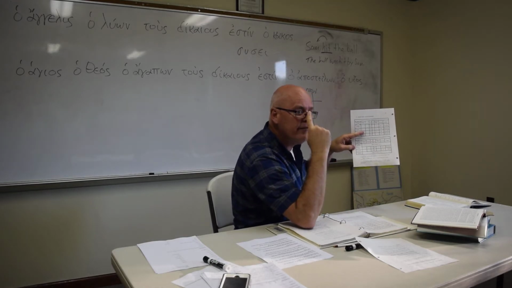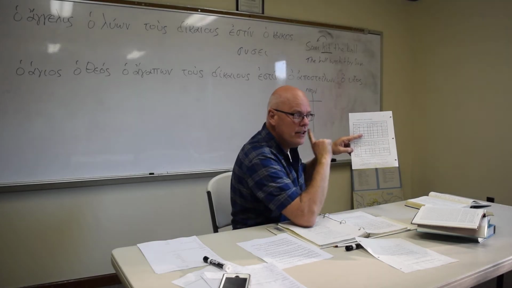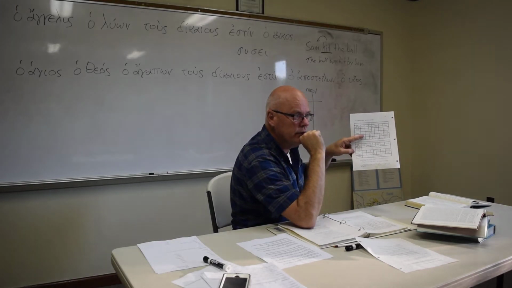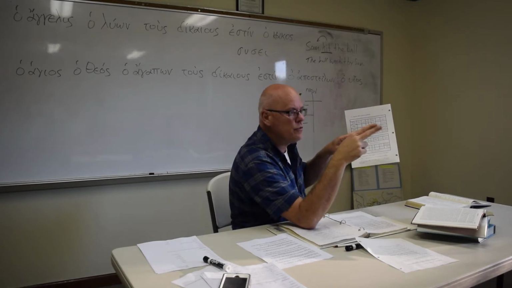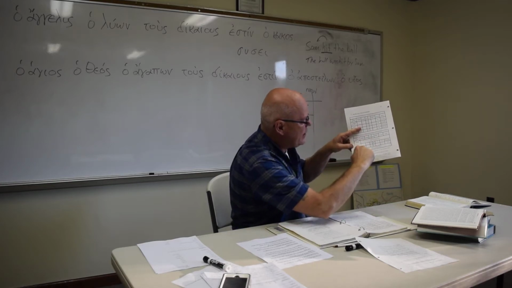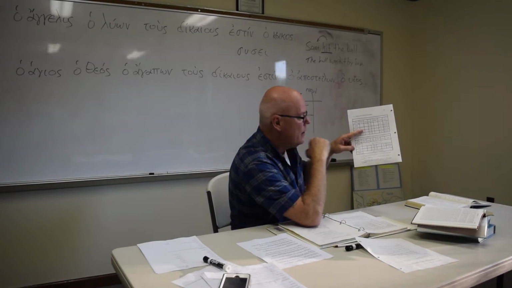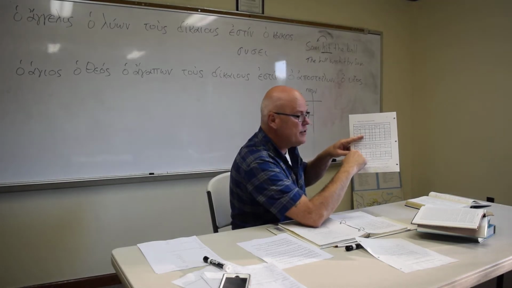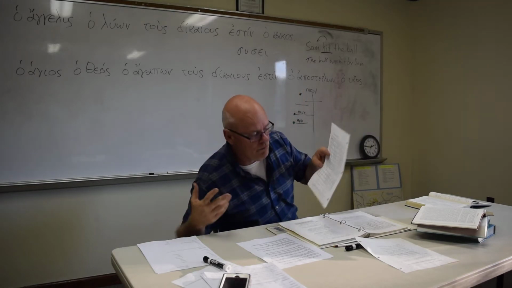So the only difference in your passives is going to be in the future and first aorist. That's the only difference in your passives. So that's where you would have to use context? Right. Context will tell you whether it's a middle or a passive in the present and perfect. But in the future and first aorist, it will be very specific whether it's passive or middle.